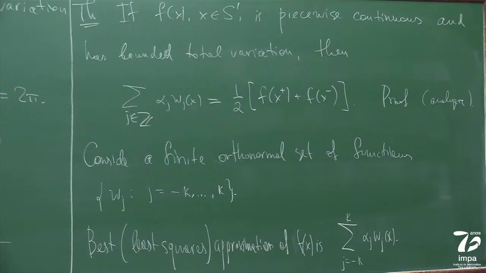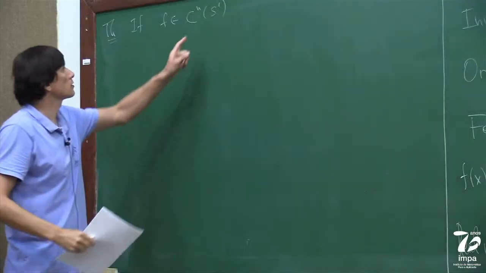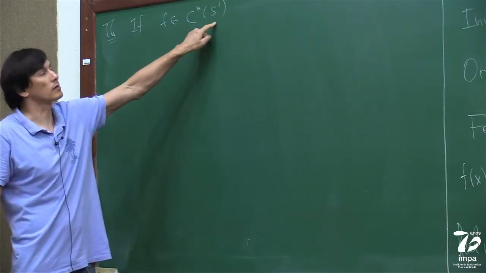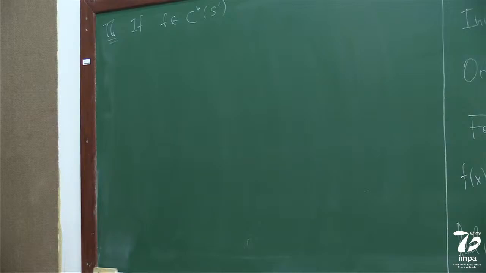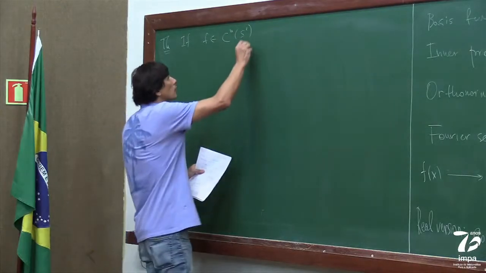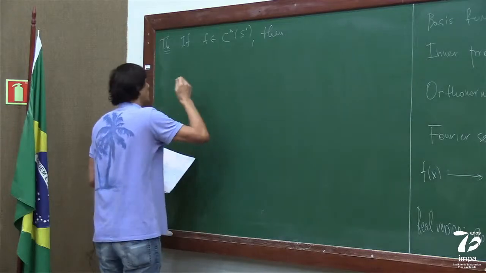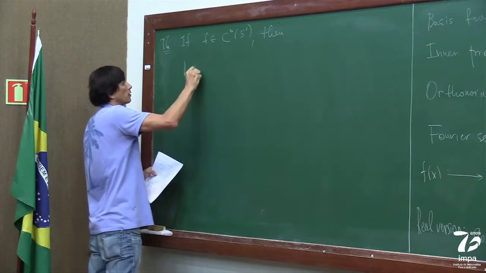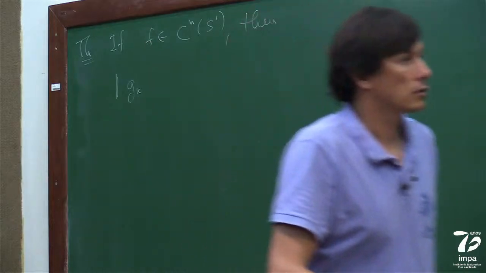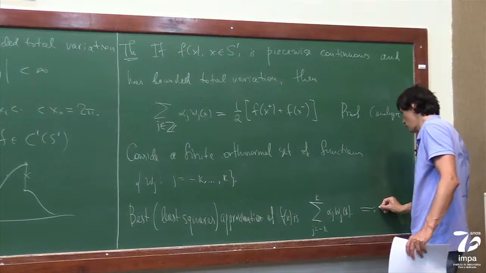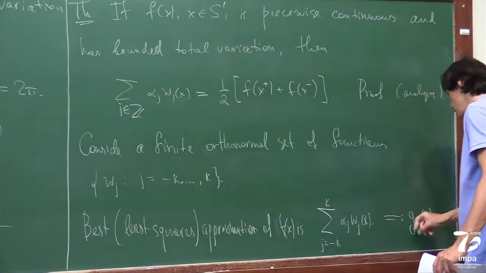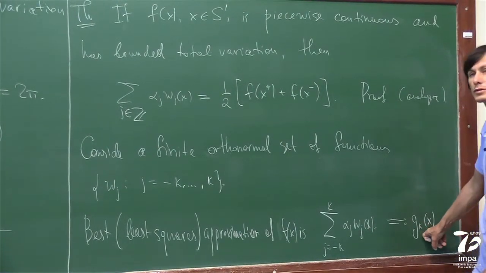Another theorem is that if the function is n times continuously differentiable on a circle, meaning that it's also continuously differentiable n times at the ends, and you think of the endpoint 2 pi as continued with 0, then, let's call it g_k of x, this is an approximation of order k with k functions.